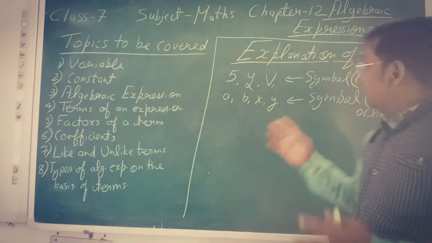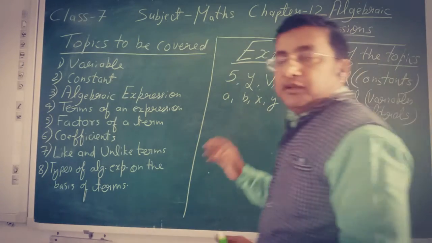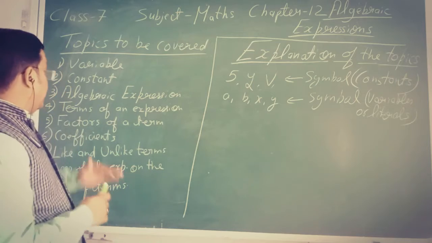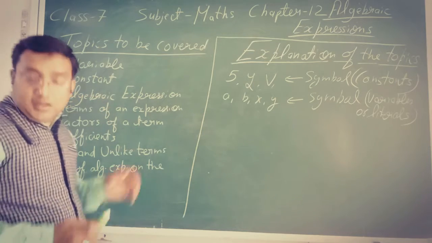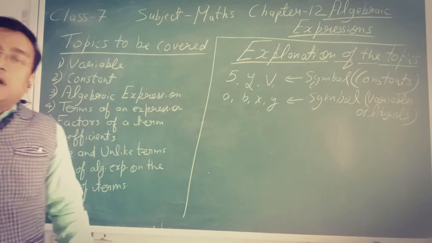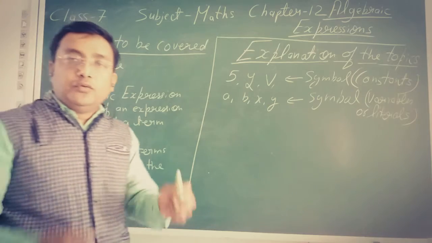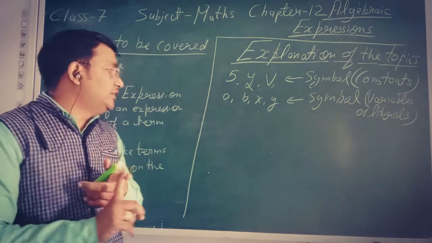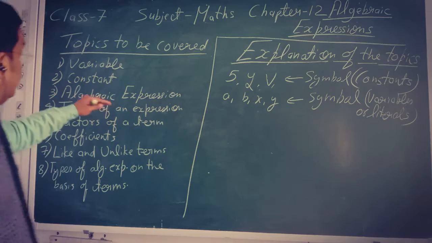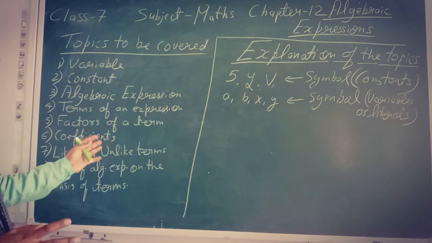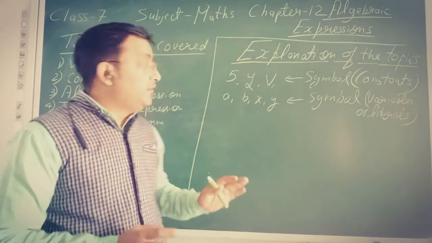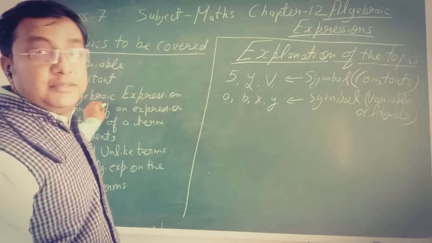When you combine constants and variables, we get another system which is called algebraic expression. When we combine things in maths, we use plus sign, minus sign, multiplication sign, and division sign. So when we combine these things using any of these symbols, we get another thing that is called algebraic expression.